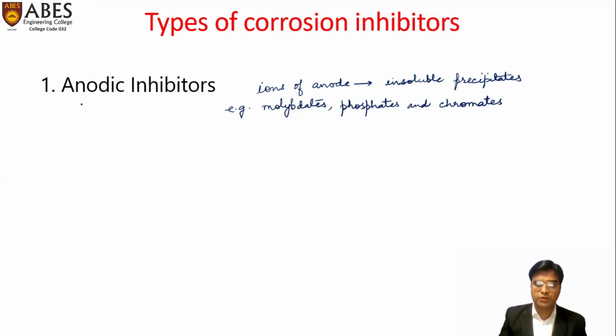It means some portion of the anode will still be remaining open, still exposed to the corroding environment. In that case, the corrosion will be concentrated on very small area of the anode and it will expedite the corrosion process. It will accelerate the corrosion. That will lead to the pitting corrosion. So we should always take care of the sufficient concentration in case of anodic inhibitors.